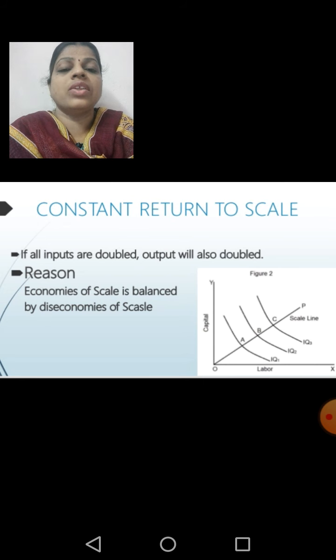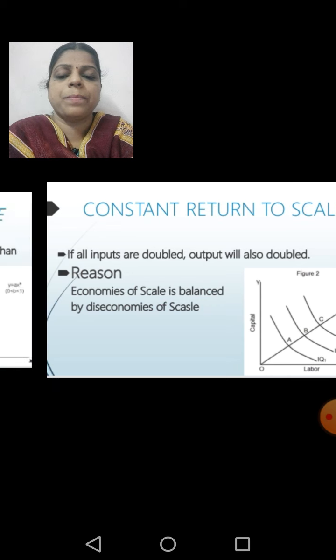The reason for this is that the economies of scale are balanced by the diseconomies of scale. That is, the advantages that arise in the company are balanced by the disadvantages also. That's the reason why it is constant returns to scale.